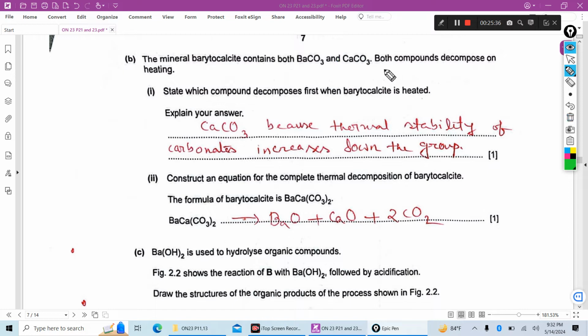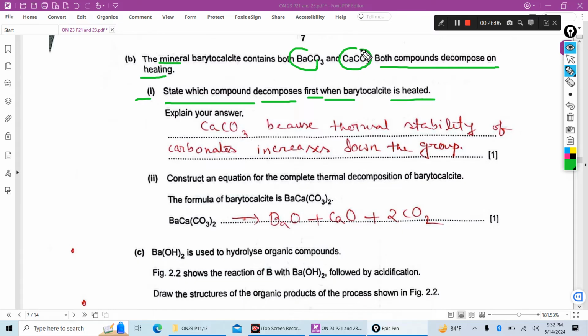Both compounds in this mineral decompose on heating. State which compound decomposes first when barytocalcite is heated. You know barium carbonate, calcium carbonate, down the group.